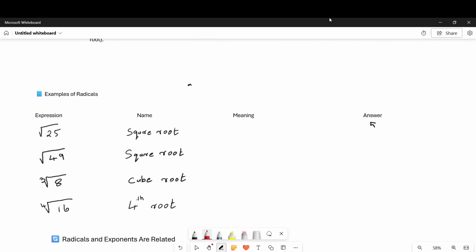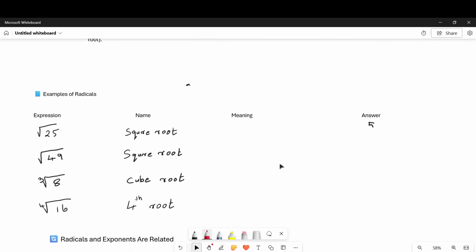Here are some examples. Expression root 25. We know that this is a square root because there is no n value here. What's the square root of 25? What value raised to the power 2 gives the value 25?